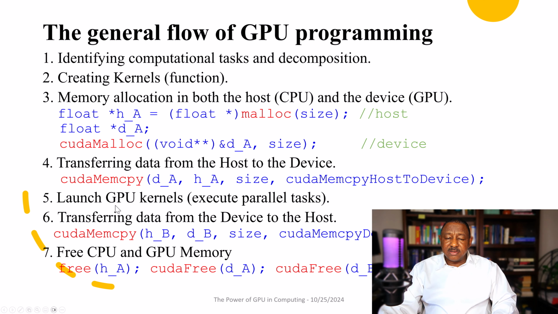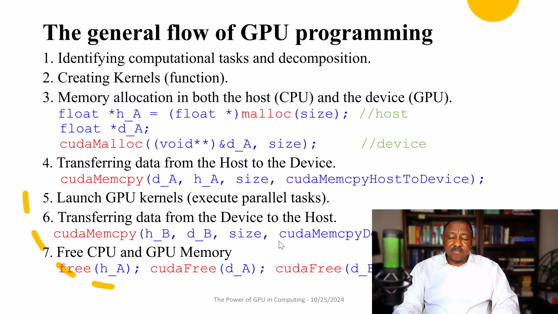Then finally, we have to free the CPU and GPU memory, because we allocated memory, and if we didn't erase it, that means we'll create what we call garbage memory, or garbage data will be there, so it must be deleted before we end our program. So this is the general flow of GPU programming.